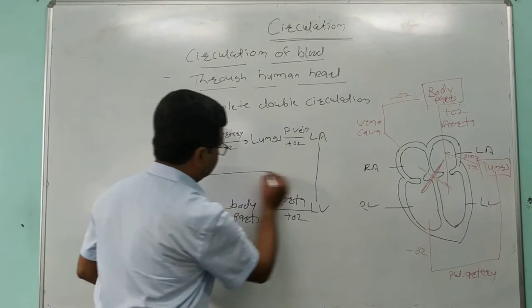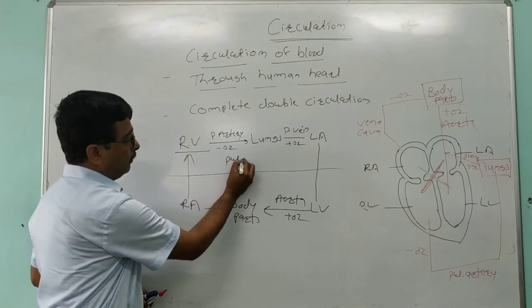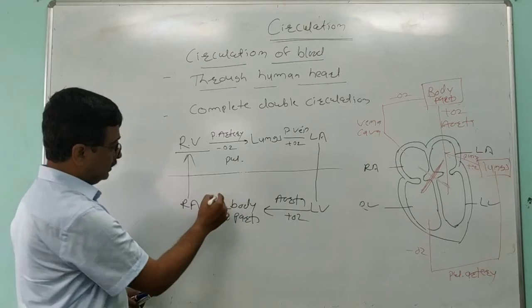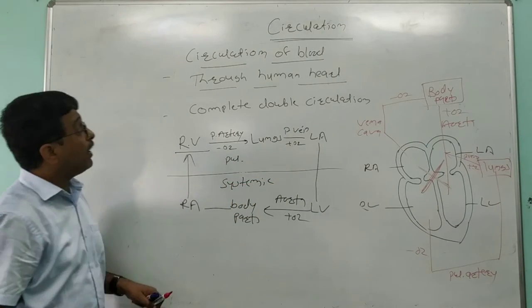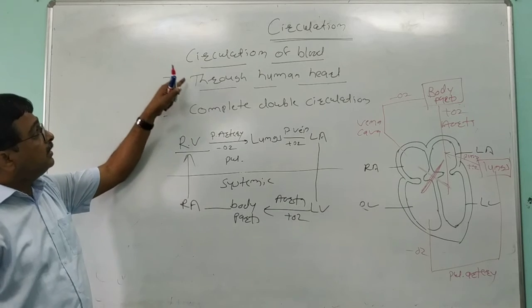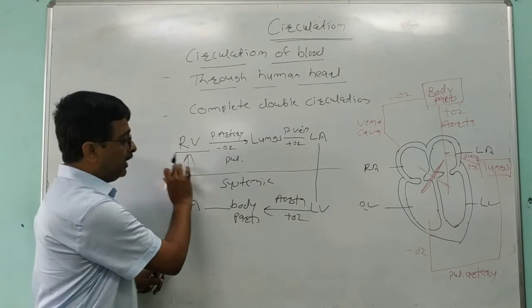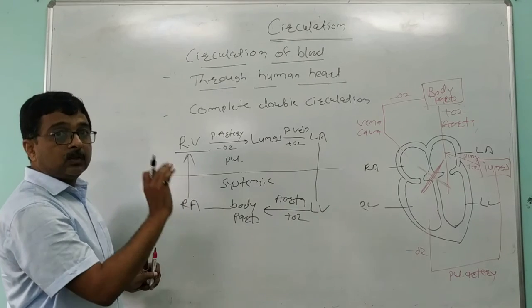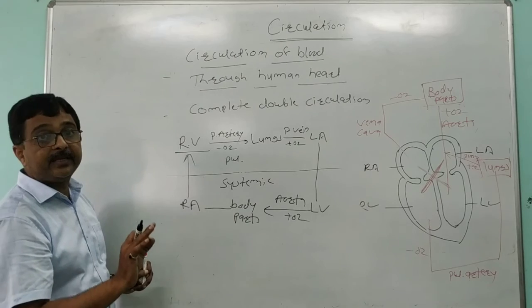Now we are going to divide this. The upper part is pulmonary circulation, the lower part is systemic circulation. So we are saying in man there is complete double circulation, means the blood passes two times through the heart before reaching any organ.